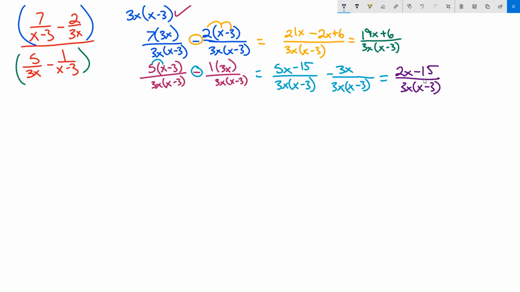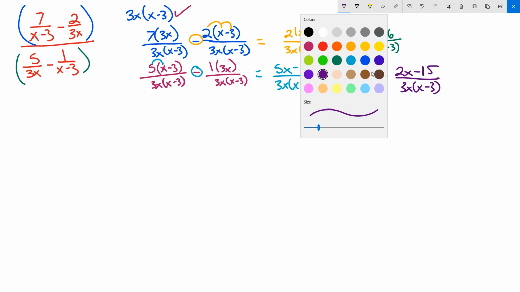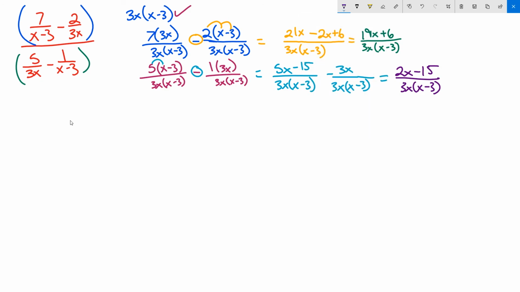Now, we need to take it a step further. We have our problem at this point now simplified. Now we need to look at putting it all together. So we have 19x plus 6 over top of 3x minus 3, again, completely over top of 2x minus 15 over 3x minus 3.